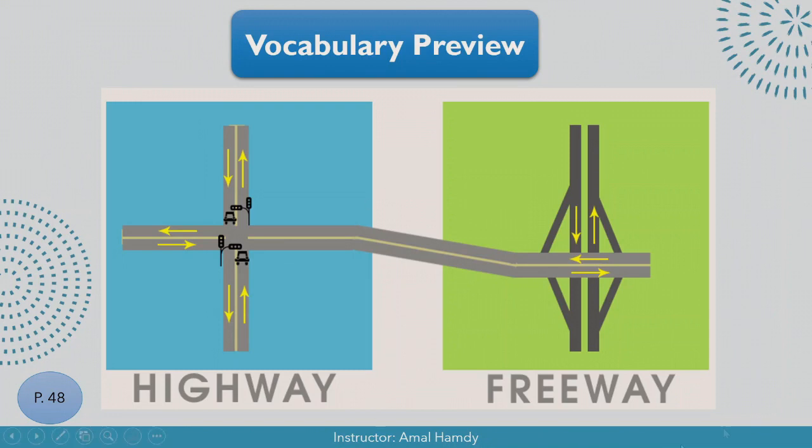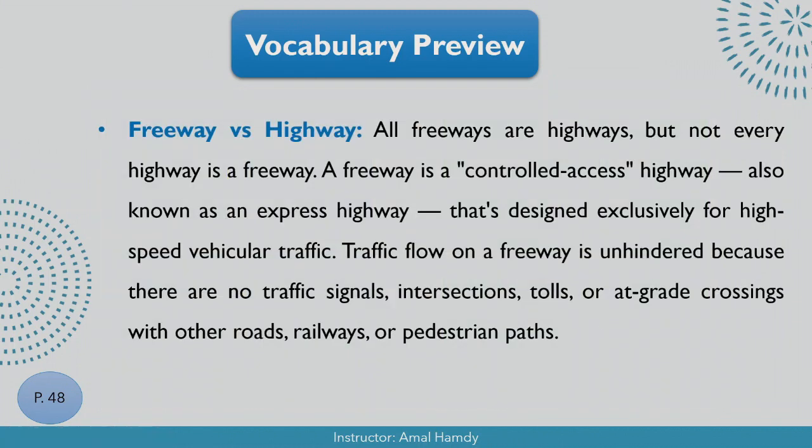Then we have the word freeway. To know what a freeway really is, we need to know what a highway is. So as you can see in the picture, a highway includes several intersections and there are traffic lights and there are probably pedestrians, while the freeway doesn't include that many intersections. All freeways are highways, but not every highway is a freeway.